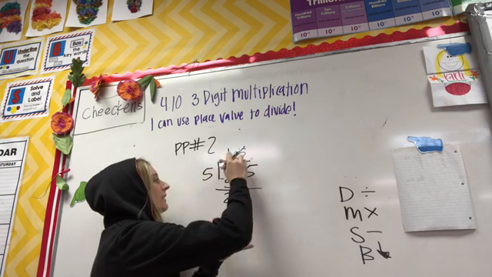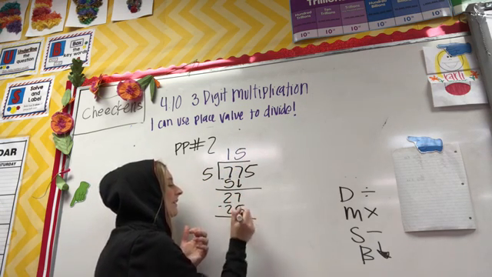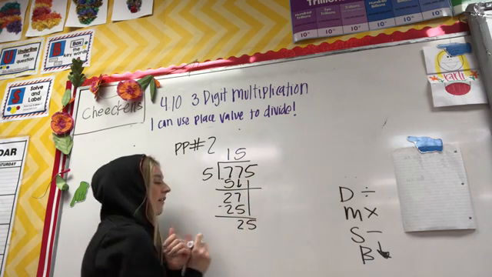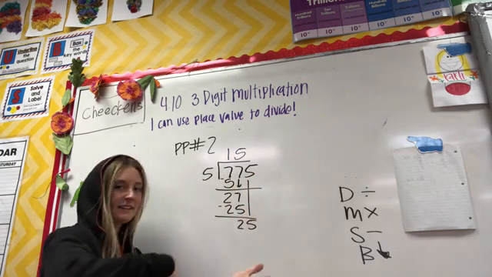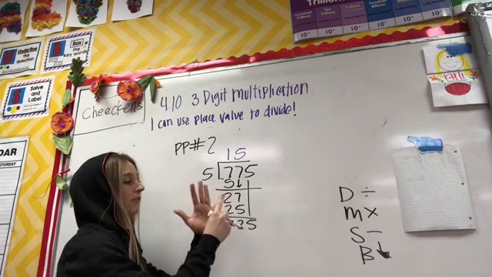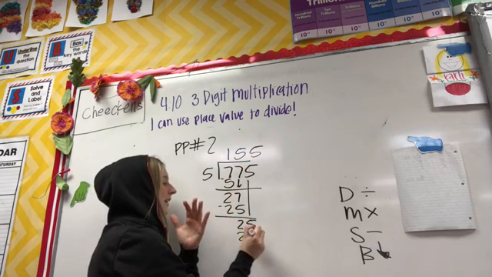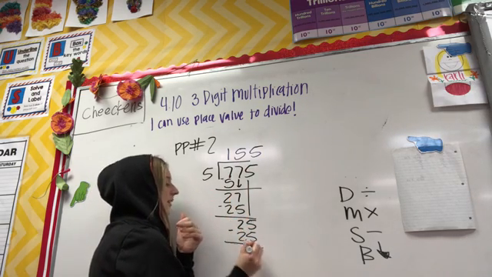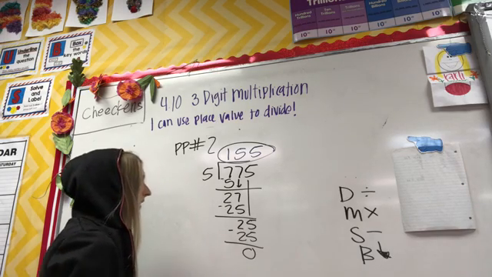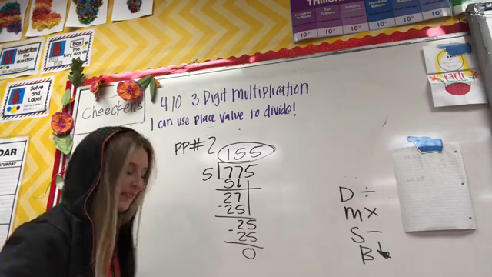All right, 5 times 5 is 25. Then I subtract. 27 minus 25 is 2. Bring down. All right, then we repeat the process. 5 goes into 25, 5, 10, 15, 20, 25. Ooh, perfectly. 5 times, and 5 times 5 is 25. Subtract, that is 0. So no remainder on this one. 775 divided by 5 is 155.